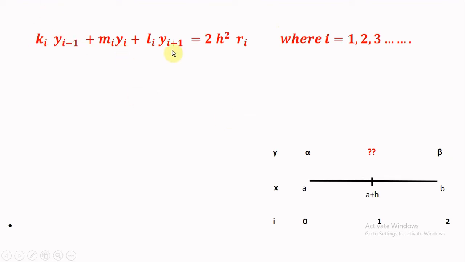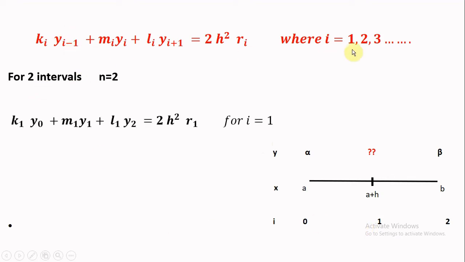So our aim is to solve this differential equation. This was the reduced differential equation where we said that I can take any values 1, 2, 3 and so on. Now if we take the case where the number of intervals is 2, then we know that there is just one grid point where we have to determine the value of y. So for this case, when the number of intervals is 2, I will be equal to 1 because there is only one grid point.